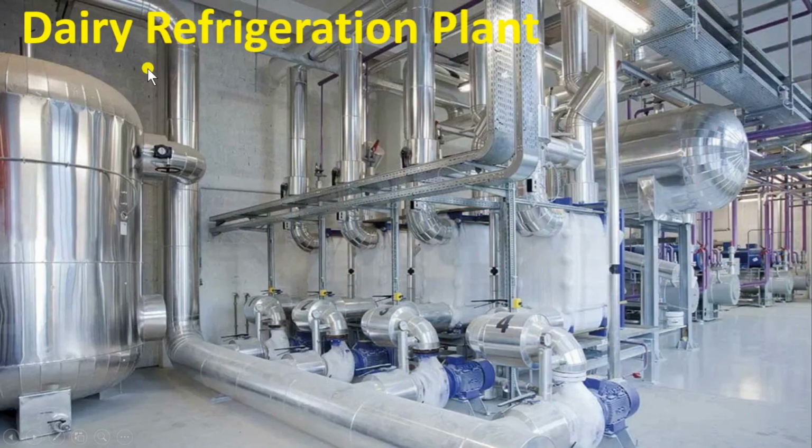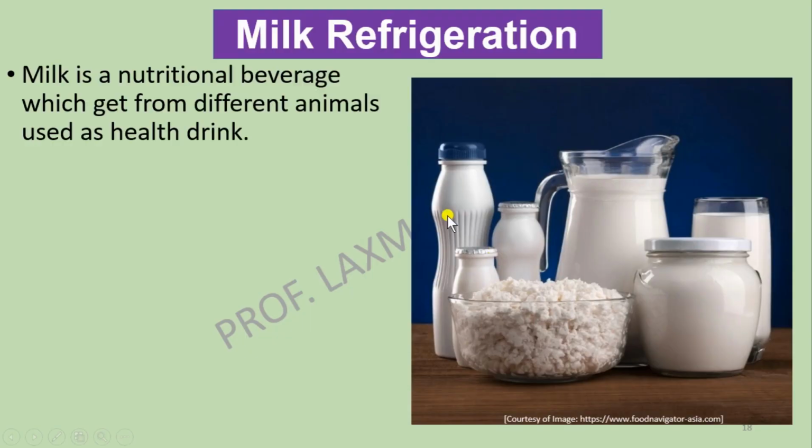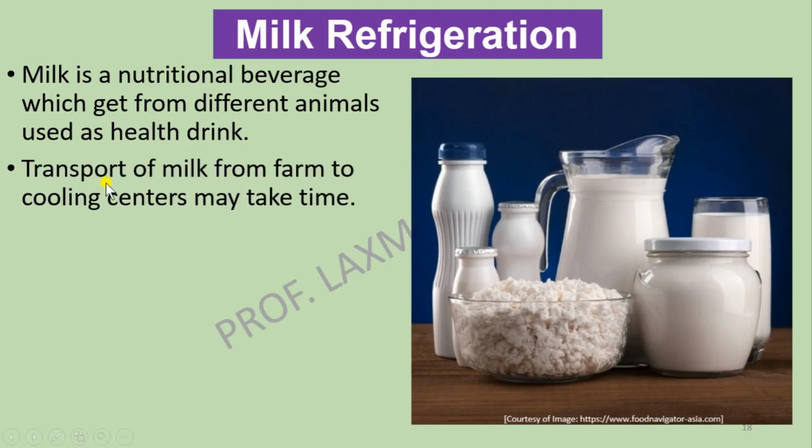Now we will discuss dairy refrigeration plant, which is used for different milk products cooling. Milk is a nutritional beverage which we get from different animals, used as health drink. Transport of milk from farm to cooling centers may take time.